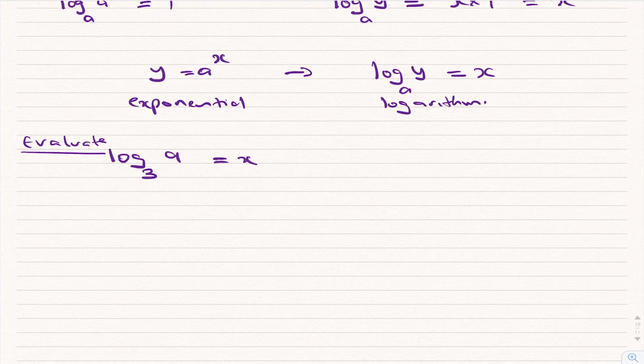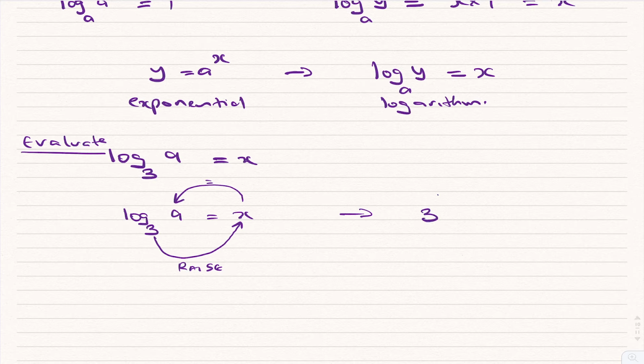And now we need to raise that. So now we'll write it again just to make it look neat. We raise that to the power of x, and the answer will be equal to the level. So we're going to get 3 to the power of x equals 9.